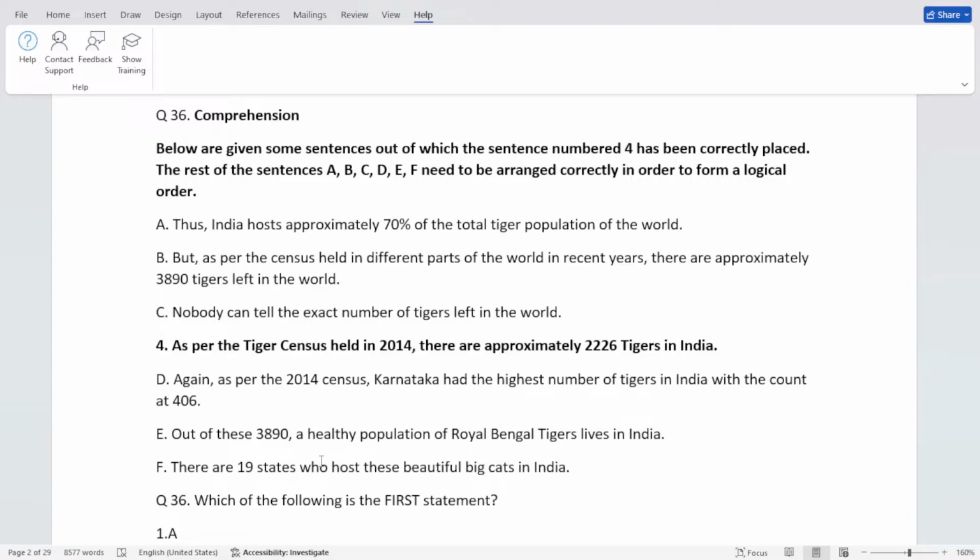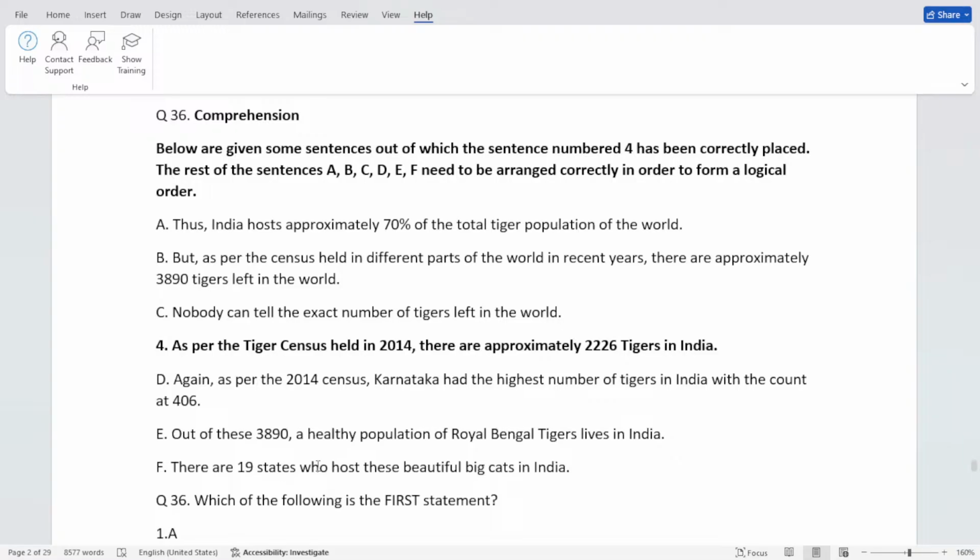So thus, India hosts approximately 70% of the total tiger population of the world. But as per the census held in different parts of the world in recent years, there are approximately 3,890 tigers left in the world. Nobody can tell the exact number of tigers left in the world. As per the tiger census held in 2014, there are approximately 2,226 tigers in India.